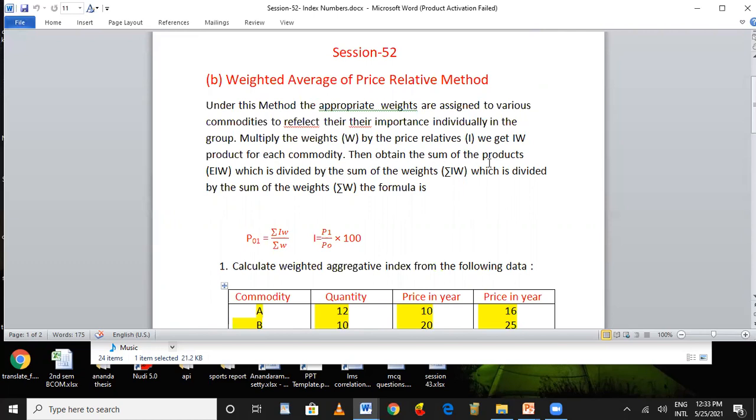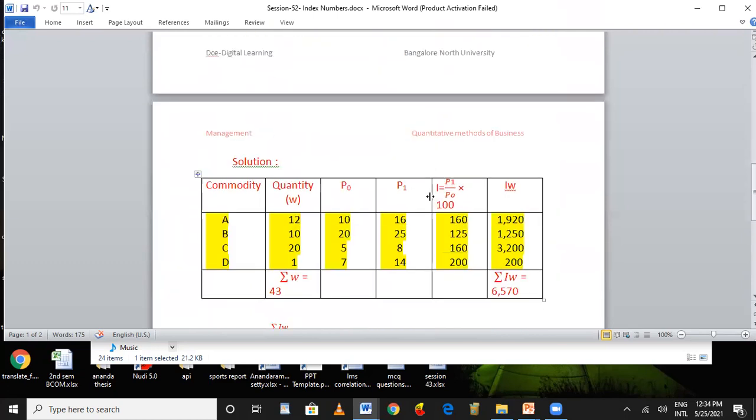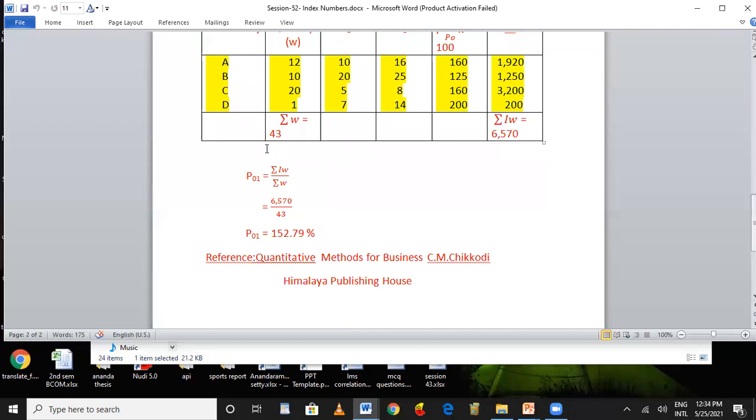Then we have to divide it by the sum of the weights, sigma W. Sigma W is equal to 43 in this problem. We got P01 as 152.79.